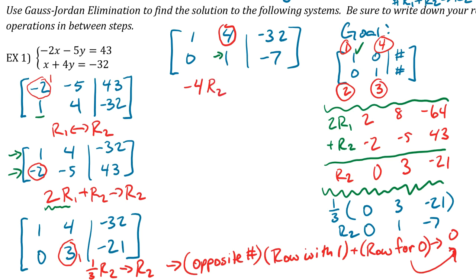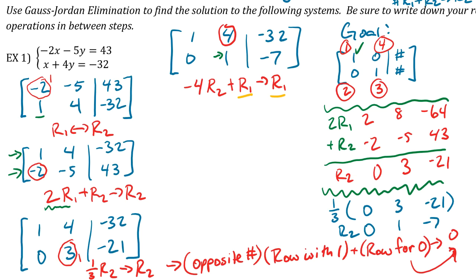So row 2 plus, where do we want our 0? We want our 0 up in row 1 right now, and it's going to replace row 1. Just a reminder, these last two should always match. Those two rows should always be the same row.